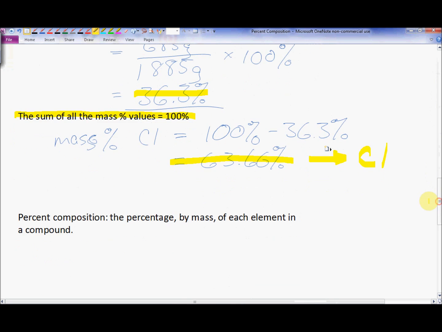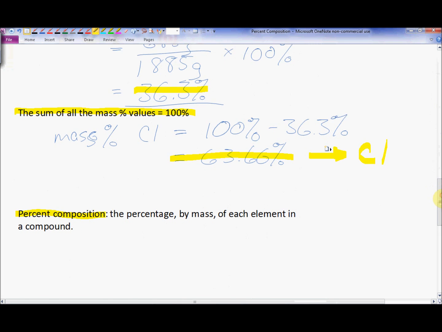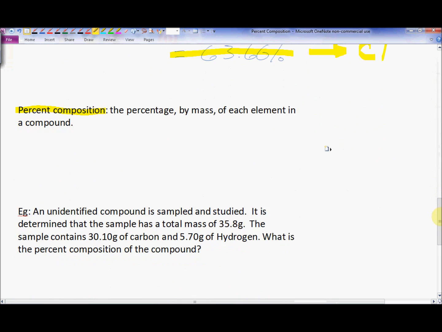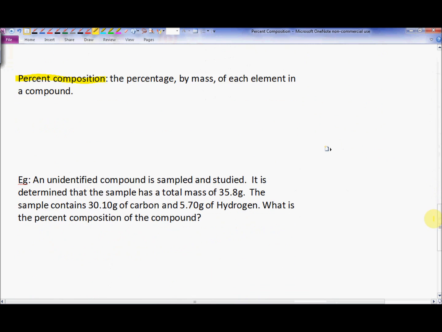Another term to learn here is percent composition, and basically all that is a summary of the mass percent for each element within a compound. So we'll just do a quick example here of a calculation of percent composition. Basically, we've actually done that for this example.